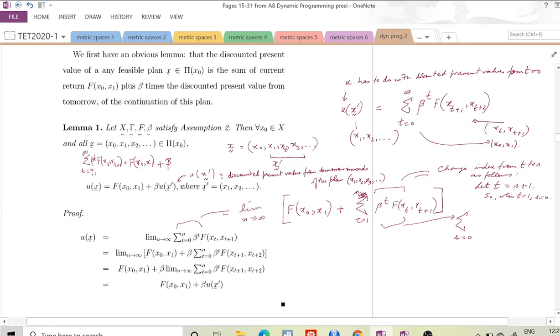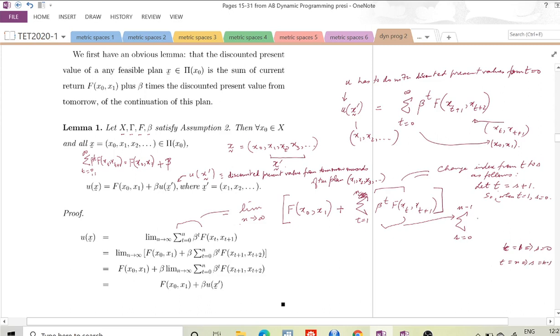When t is n, s is n plus 1. See? So if I have t equal to n, I want n equal to s plus 1, so s must be n minus 1. Okay? So t equals 1 implies s is equal to 0, t equals n implies s is equal to n minus 1.